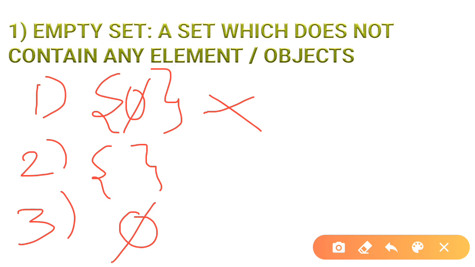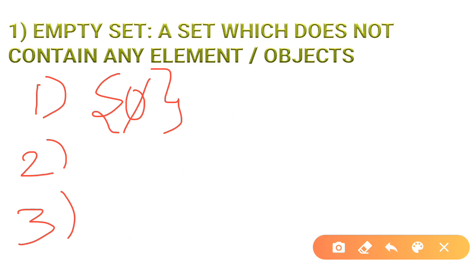The second one is obviously an empty set. Why? Because there is nothing in the curly brackets. And the third one is also correct. Why? Because it is a symbol, obviously, so we can denote the empty set by this symbol. So that is correct. I think it is clear.